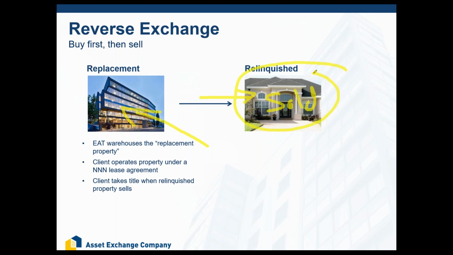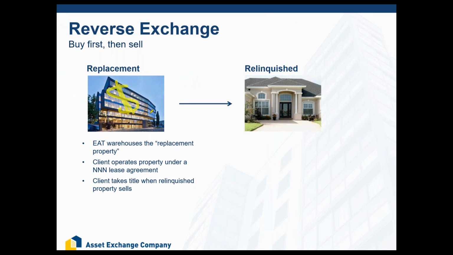Once you sell this property, we will transfer the new one to you. So reverse exchange, we simply buy the property for you until you get yours sold. But guess what, ladies and gentlemen? We don't use our own money to buy this for you. You still have to pay for it.